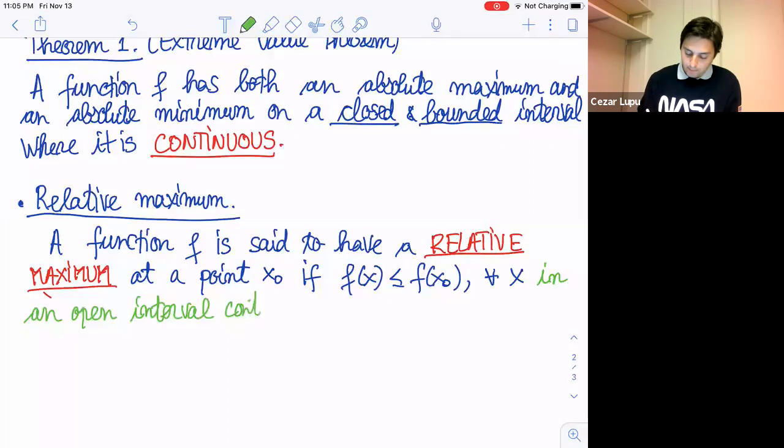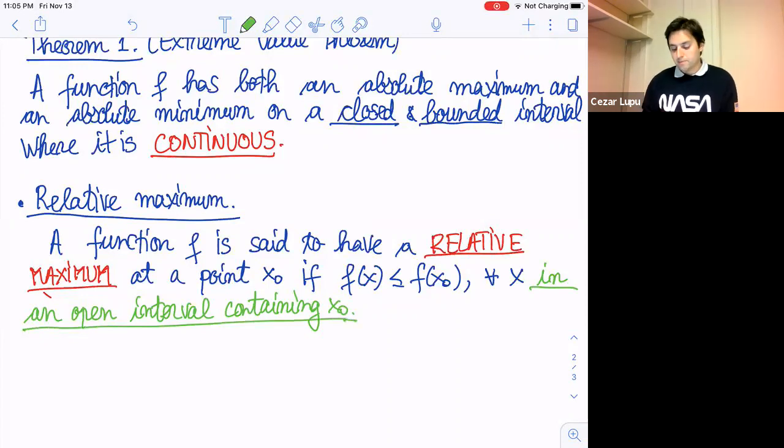This is a very important piece of information, because in this way you can distinguish between a relative max and an absolute maximum, right?